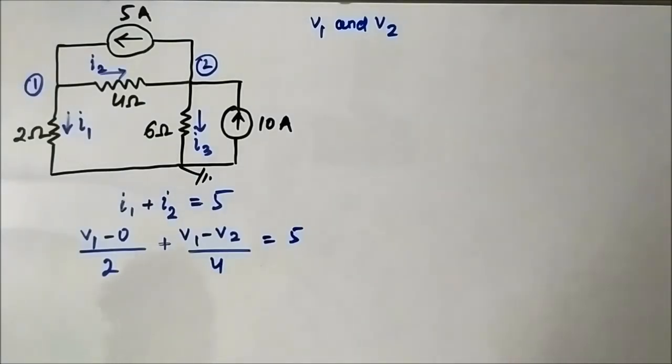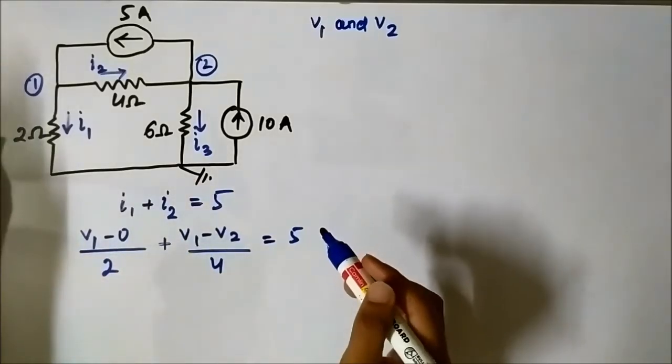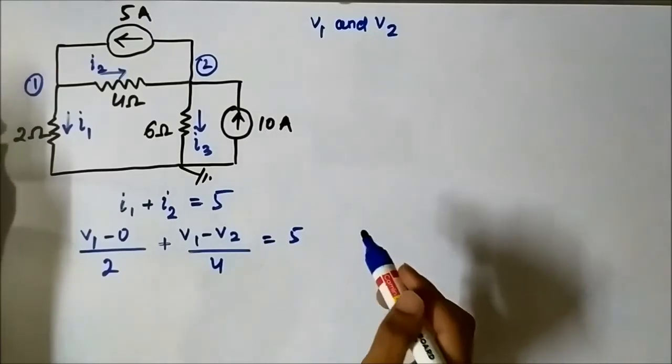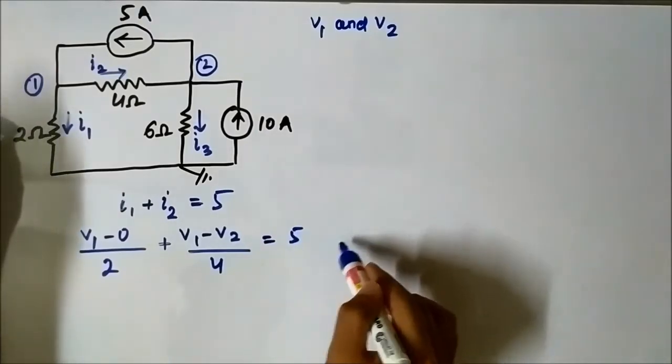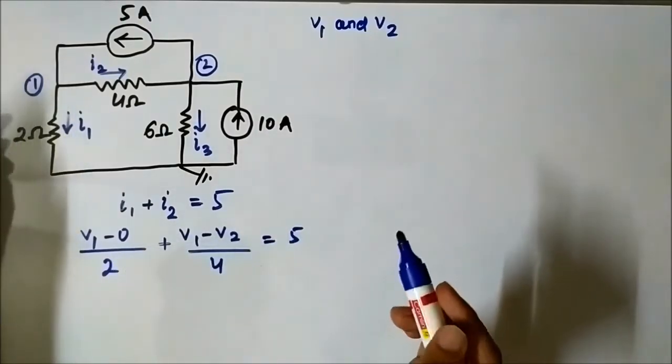Okay. Now in order to simplify this equation, let us multiply 4 on both sides.